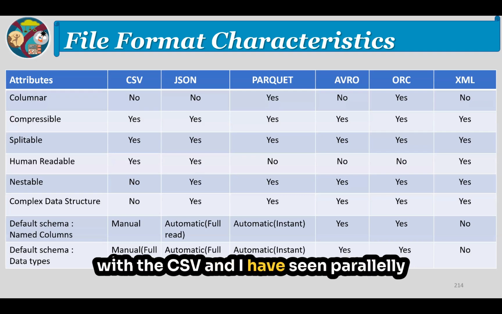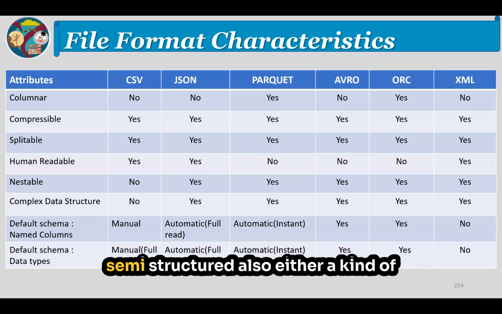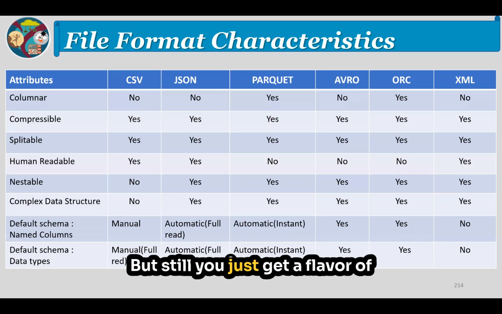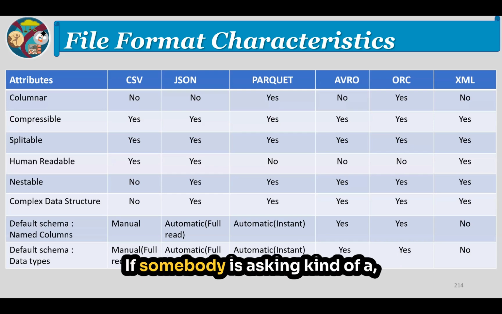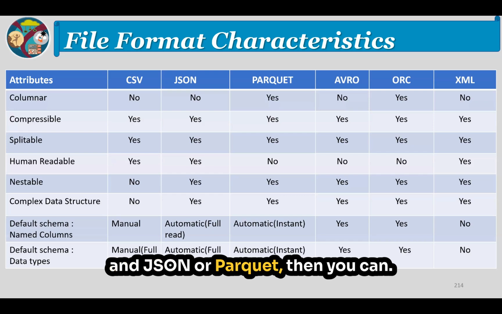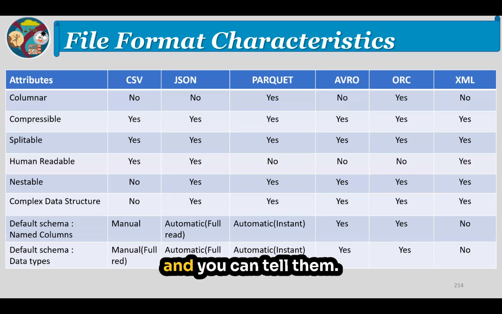And I have seen semi-structured also, either JSON or Parquet, not beyond that. But still, you get a flavor of the high-level differences. If somebody asks what the difference between CSV and JSON or Parquet is, you can consider these parameters and tell them.